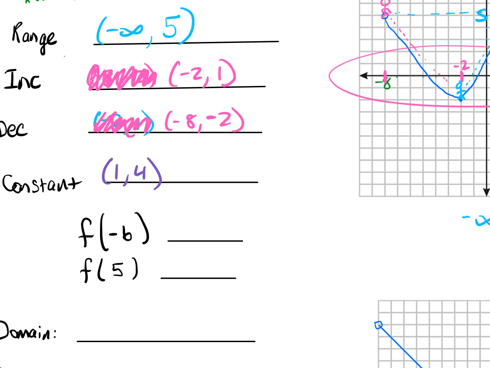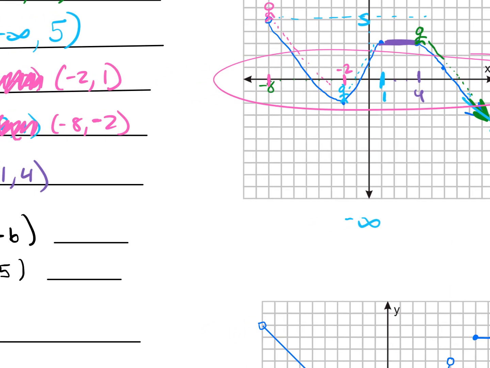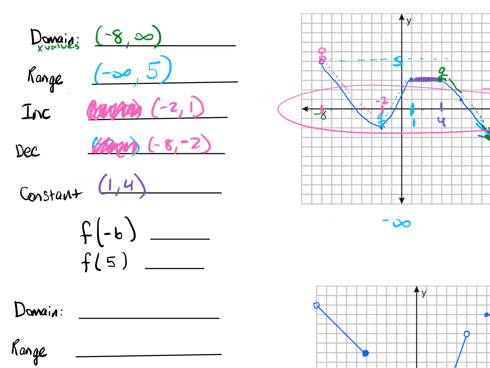All right, last part of our graph here. What am I doing at 4? Am I walking uphill or downhill? I'm decreasing. I'm walking downhill. So from 4 to what am I walking downhill? 4 to infinity. Awesome.